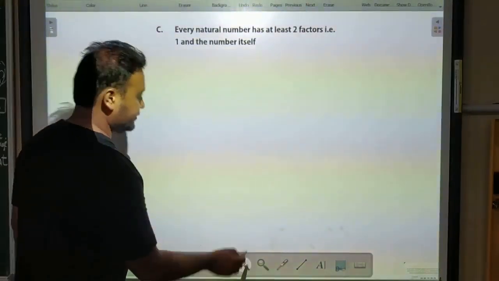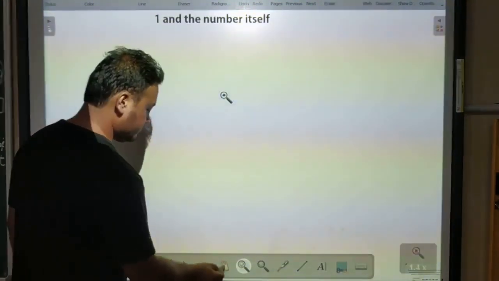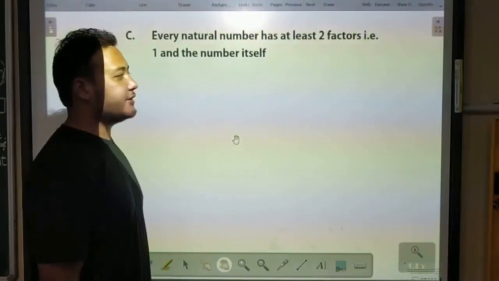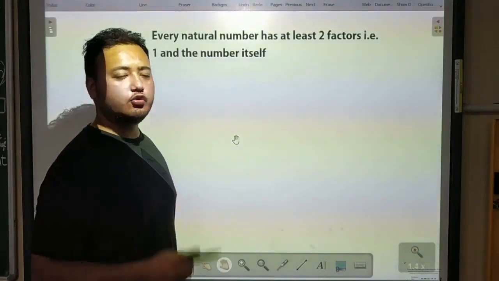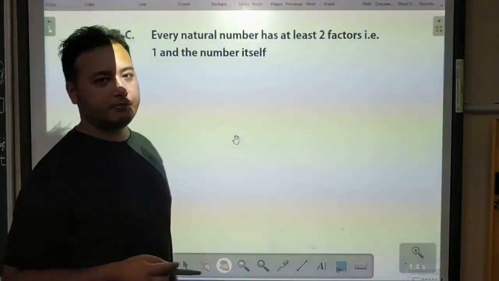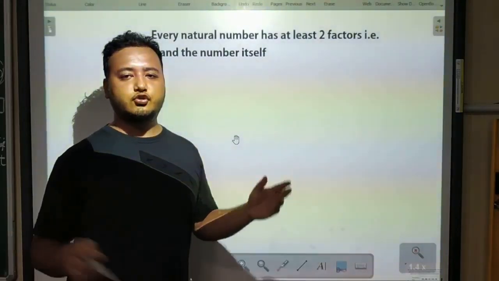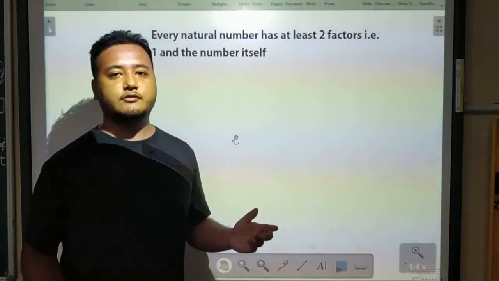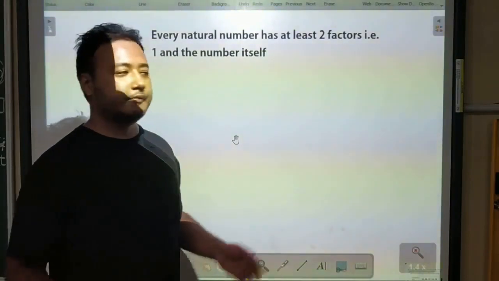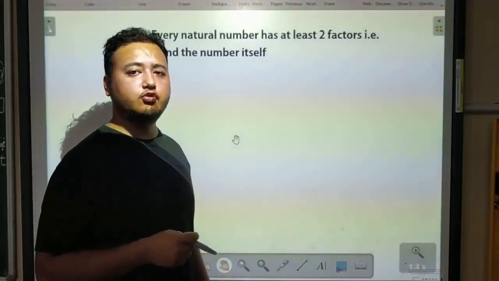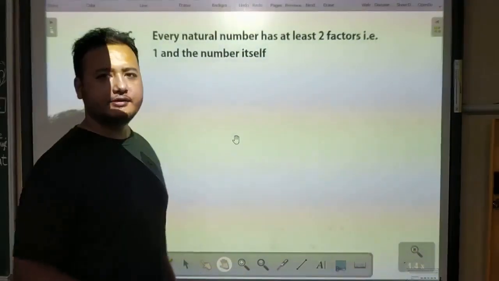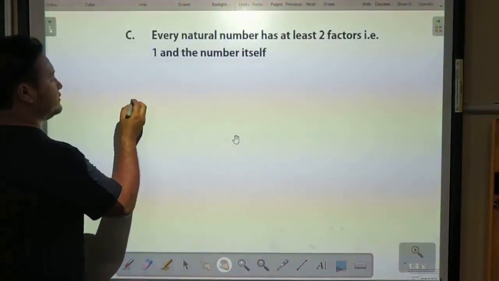Now let's go to the next property. It says every natural number has at least 2 factors. That is 1 and the number itself. Leaving out 1, all the other numbers, 2, 50, 99, 1000, 1 million, every number has at least 2 factors. Let's list out some numbers and their factors.